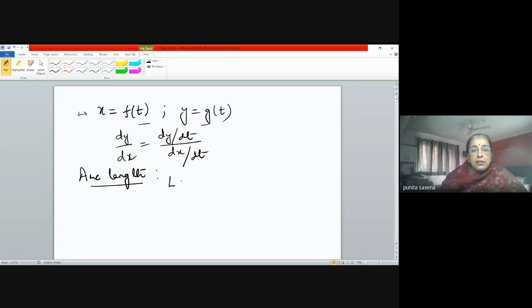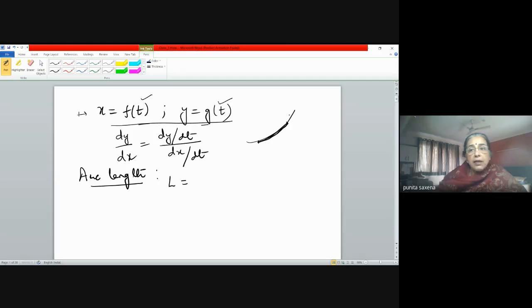The arc length is denoted by L. Supposing this is your curve, and this equation gives me some curve like this, governed by x as a function of t and y as another function of t. A portion of this curve is nothing but an arc, right?